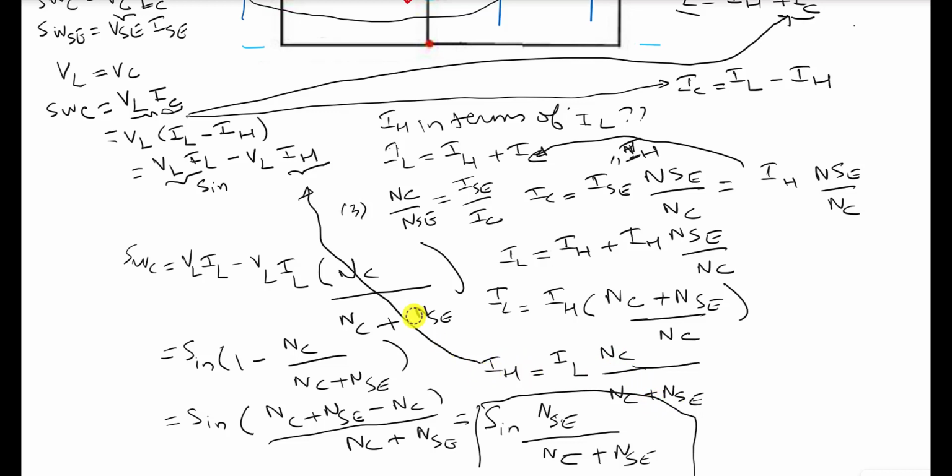Now we can go back here, replace this expression in here, and that's where we get SWC is equal to VL times IL minus VL times IL times NC over NC plus NSE. We factor, remember VL times IL is the same thing as S input. You can factor S input out, look at this term, addition this, and then we get with this formula, S input times NSE over NC plus NSE.